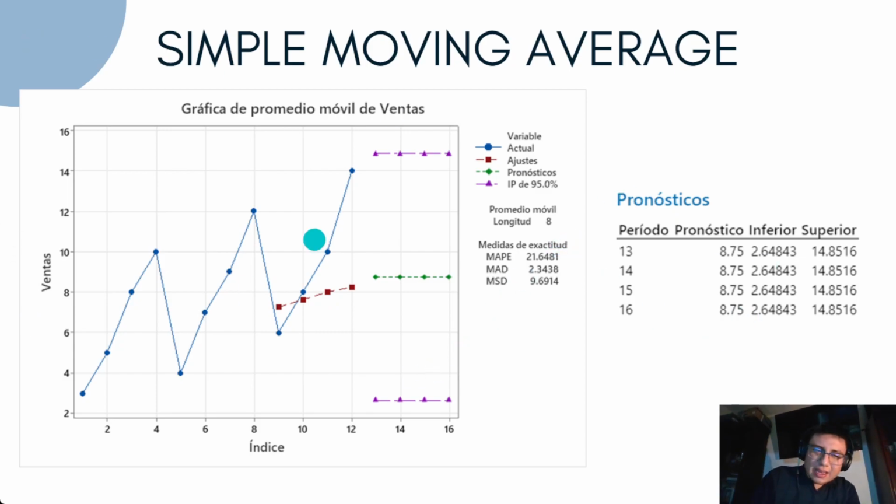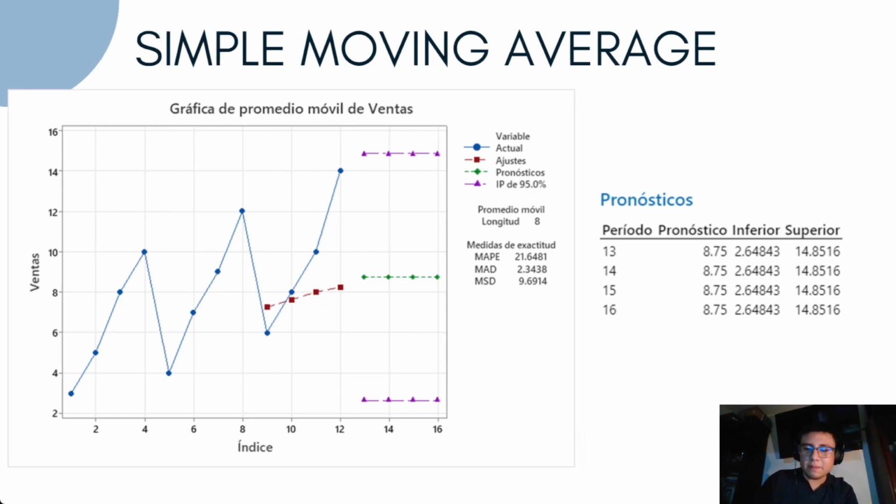But again, all the forecast is going to be the same because it only takes into account the previous data, not the generated data that are the moving average. So although it has 21%, we can't use this model.